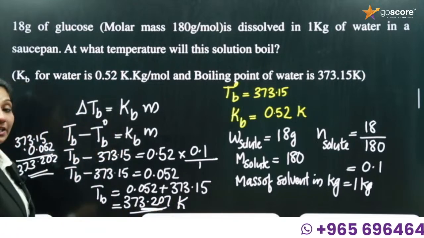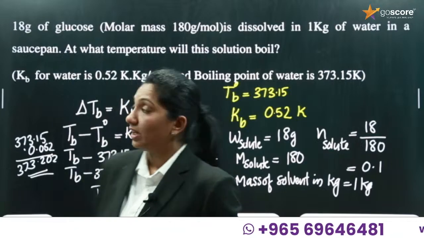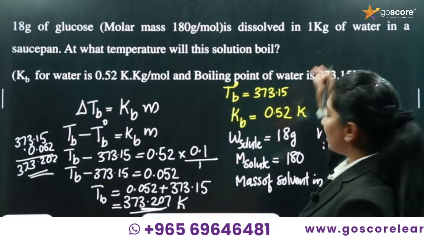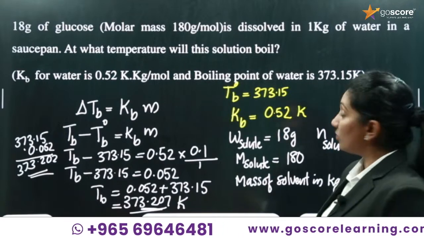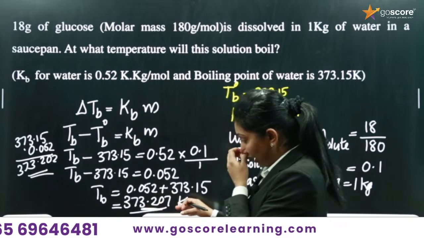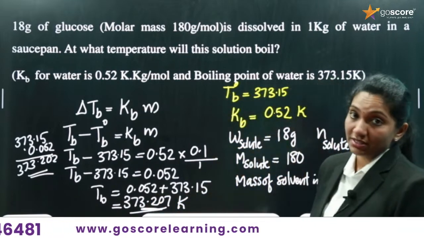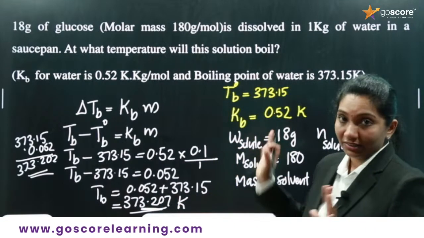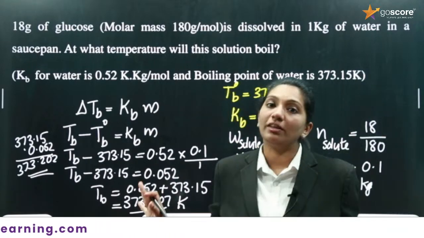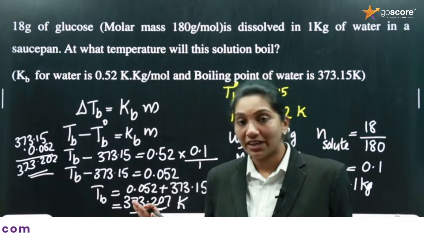That is the temperature at which the solution containing 18 gram of glucose, when dissolved in 1 kilogram of water, will boil. Okay, I think this is clear. With this numerical, the elevation of boiling point is clear for you all, right?